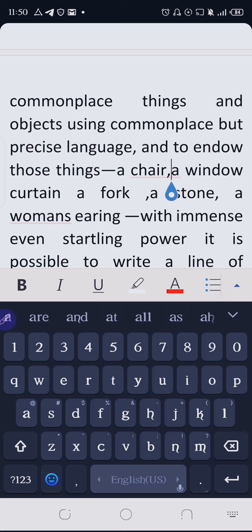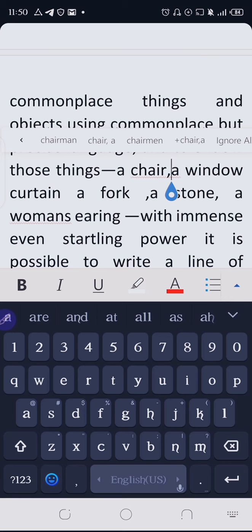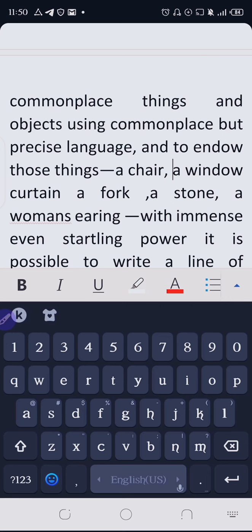After every punctuation mark, you must bang the space bar and have a space. All right, but you must not have a space before a punctuation mark. This is wrong, so you take out that space before the punctuation mark, or after the punctuation mark you have a what? A space.